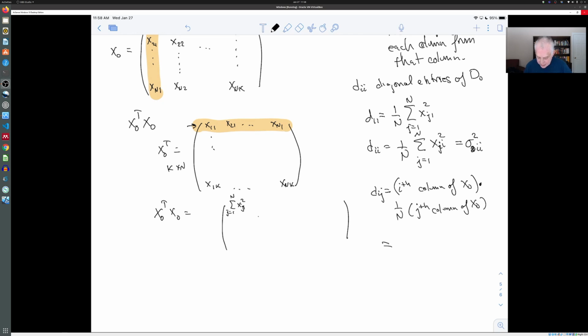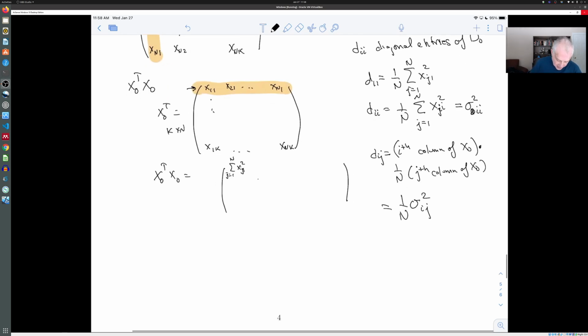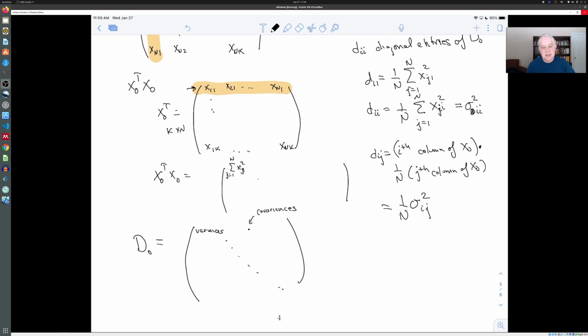And that's the covariance of the ith and jth columns. And this is why D0 is called the covariance matrix. The entries of D0 are the variances of each column on the diagonal, and it's a symmetric matrix where the off-diagonal entries are the covariances. So the 2-3 entry is the covariance of the second column with the third column. And similarly, the 3-2 entry is the covariance of the second column with the third column.